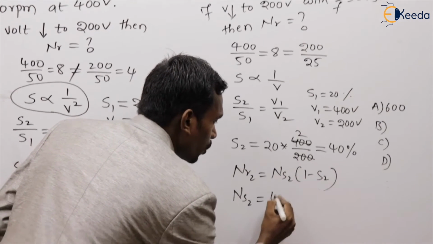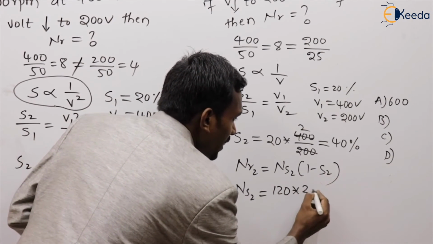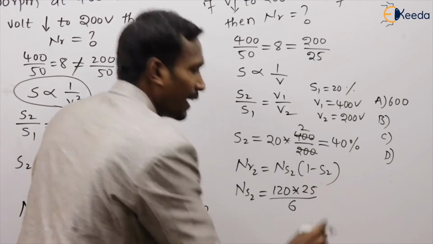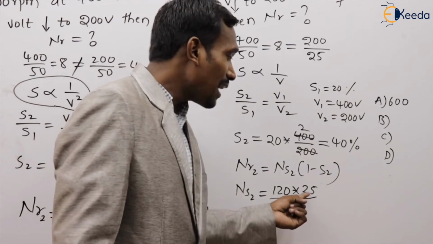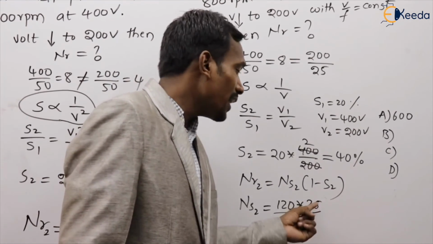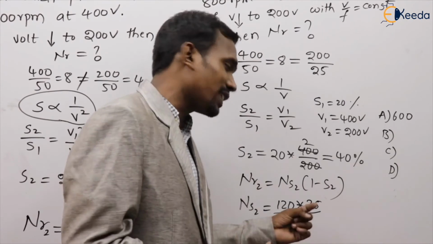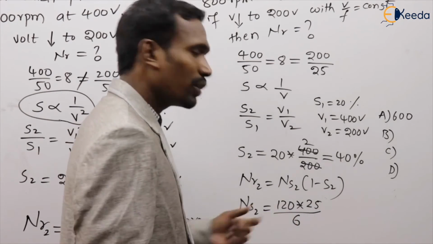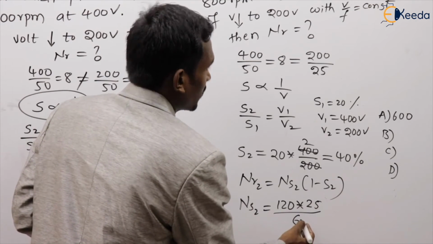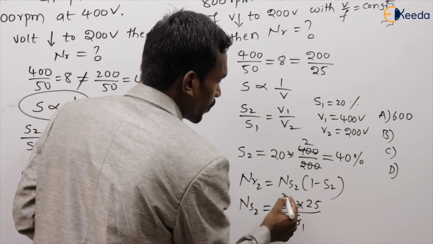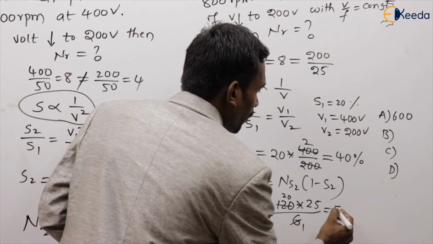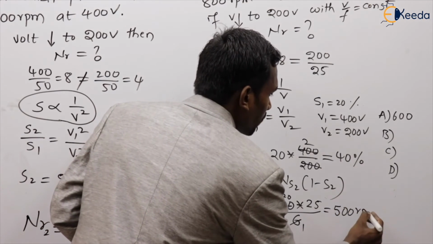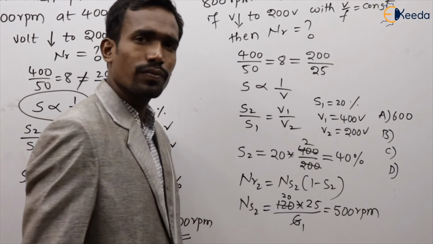NS2 is equal to 120 F by P. Here we should not take 50 Hz; we have to take 25 Hz. 6 poles, right? 120 into 25 by 6 gives 500 RPM. 500 RPM is NS2.